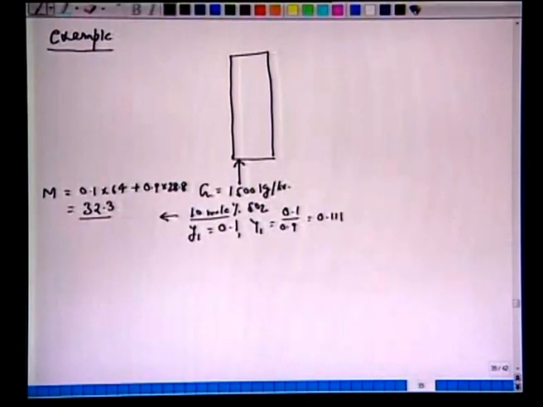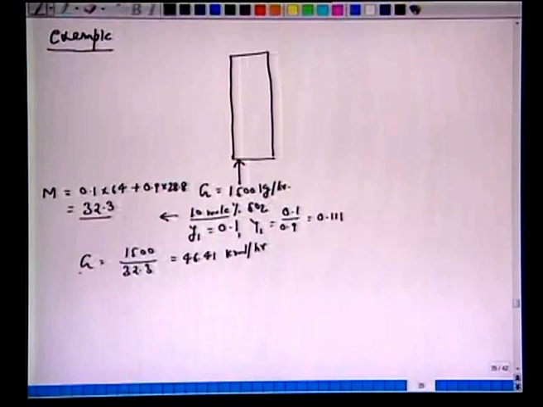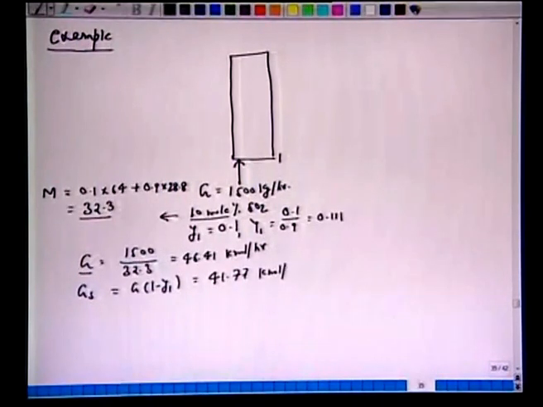32.3, so that we can obtain this G in kilomoles. 1500 divided by the molecular weight 32.3 equals 46.41 kilomole per hour. And once we know this G, we can obtain GS, the solute-free basis, as G times 1 minus y1, this being our inlet here, to obtain 41.77 kilomole per hour.